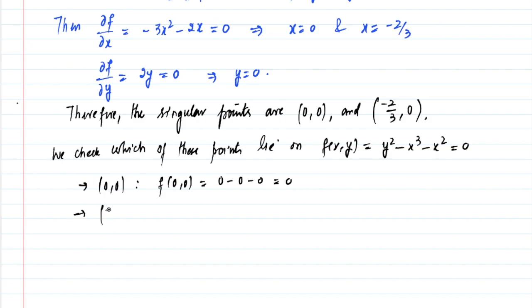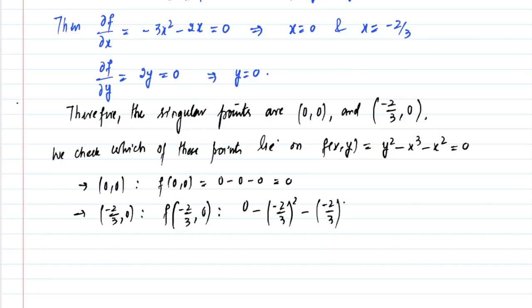And for the second point, when we substitute minus 2 by 3 comma 0, we obtain f of minus 2 by 3 comma 0. With y equal to 0, we get x equal to minus 2 by 3 whole cube, then minus 2 by 3 whole square. Now if we equate this to 0, it implies some non-zero quantity is equal to 0.